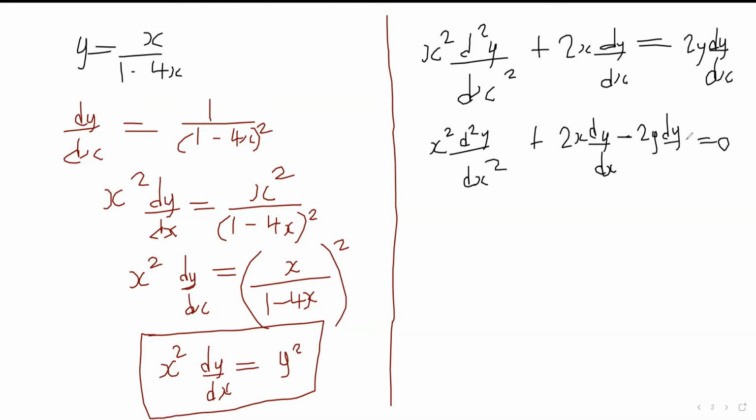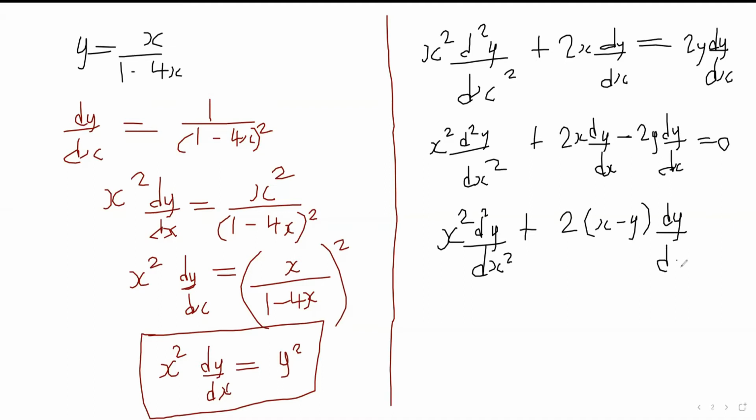So clearly, Marika will say that it has 2 in common. So we can factor out the 2 and dy by dx, and write it as x squared d2y by dx squared. Factoring out the 2, we end up getting plus 2 times, factoring also dy by dx, and you'd be left with 2 times (x minus y), close the bracket, times dy by dx equals 0.